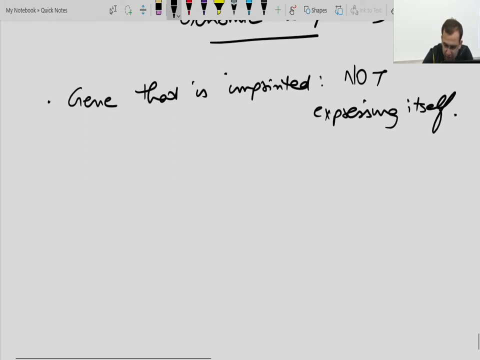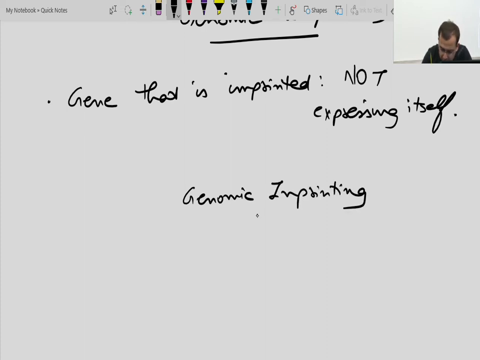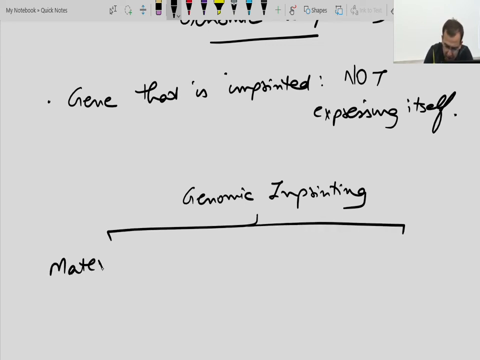How? We can divide it into two types. So let us make a flow chart. Genomic imprinting is of two types, maternal imprinting and paternal imprinting.